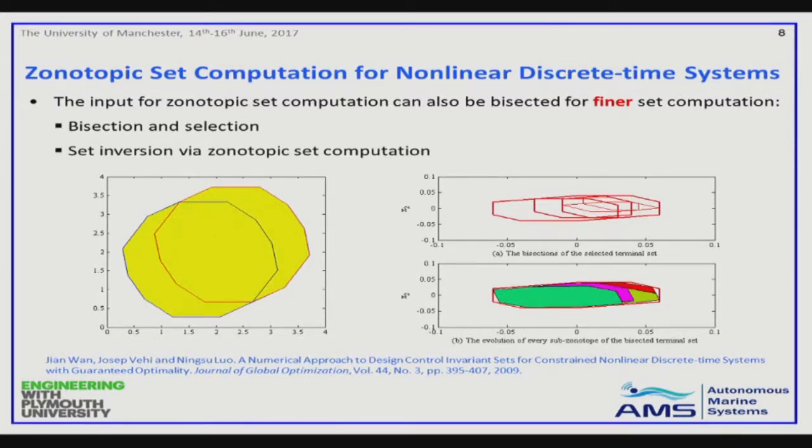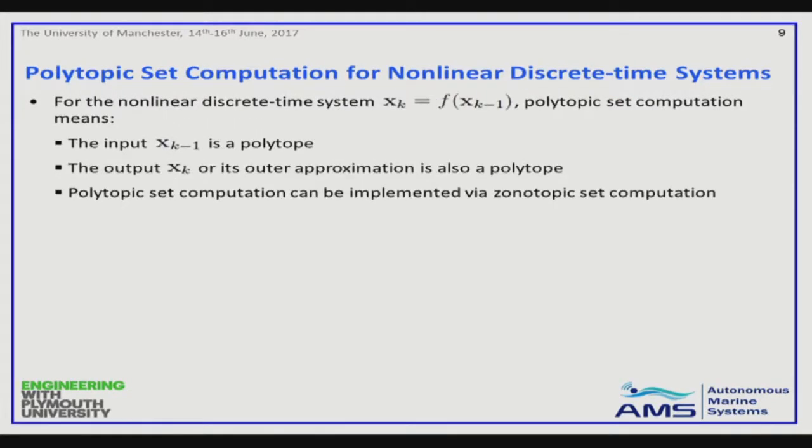This is the past work. The key work here is polytopic set computation. Why? Because after this research, I was wondering why the input has to be a special shape, an interval or a zonotope. I want my input to be a polytope, and the output or outer approximation to also be a polytope.